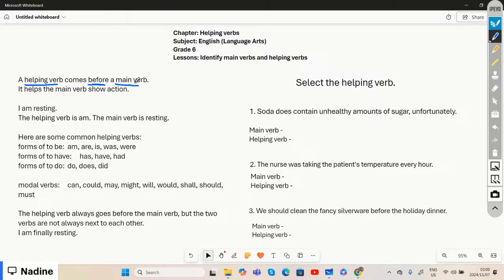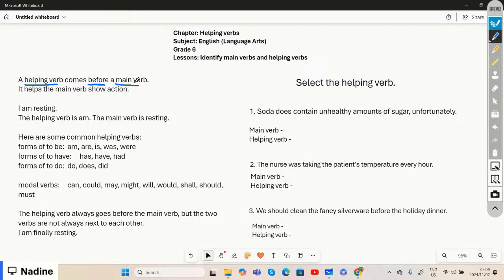You are jumping, you are running, you are rolling, eating. Those are the main verbs, right? And then the word that comes before the main verb that helps the main verb to show the action is words like was eating, is eating, will be eating, has eaten, have eaten, does eat, those type of things.